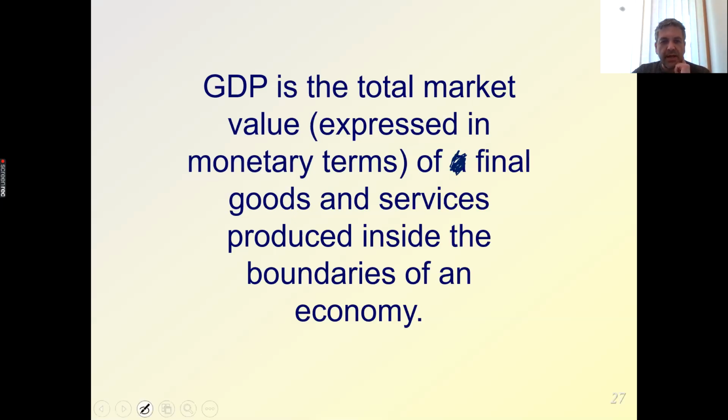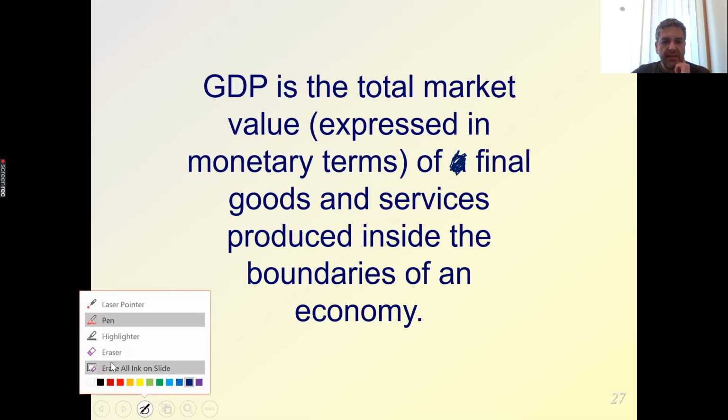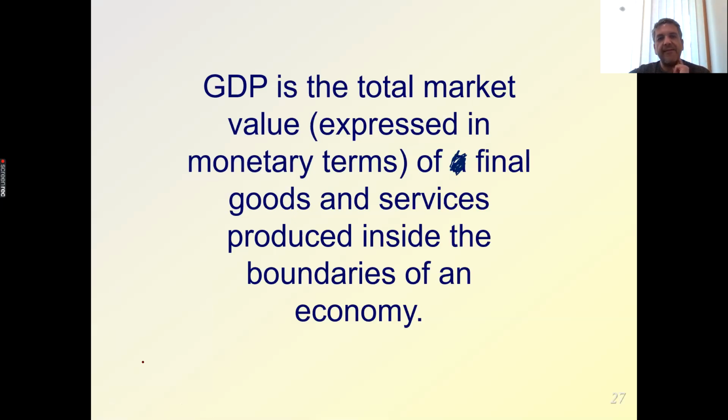What would you actually underline that is important for you to have in mind when you define GDP? Market value could be important. Well, yes. Expressing monetary terms, well, that's important too. Final goods and services, okay? We're not talking about the intermediate inputs that are needed to produce a computer.